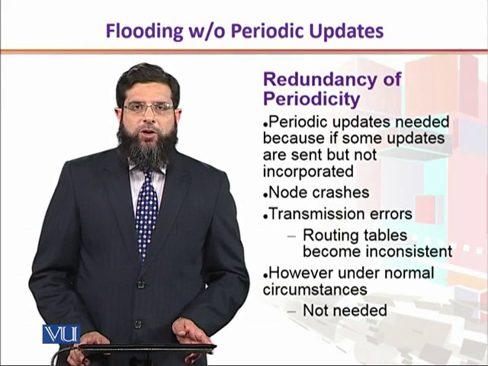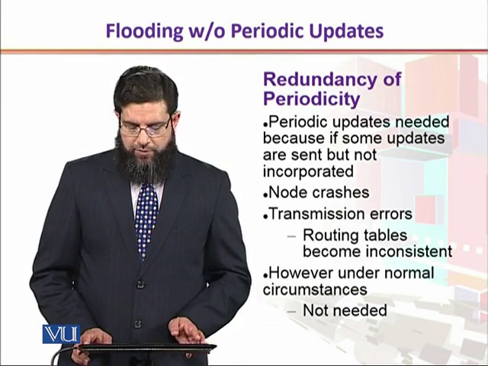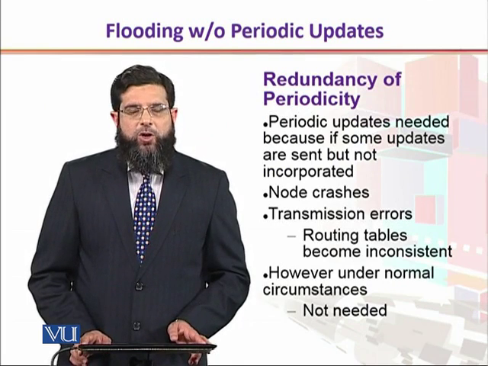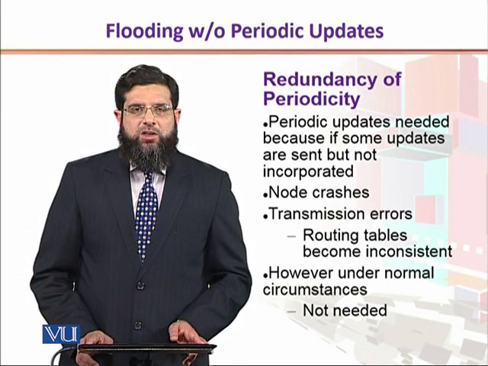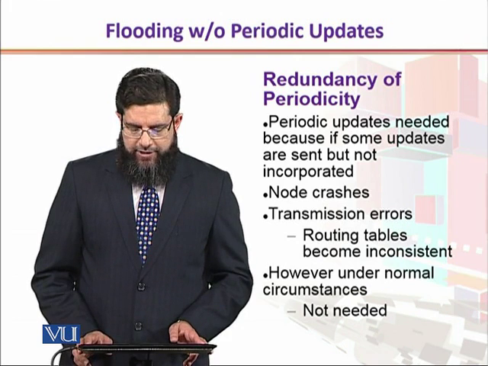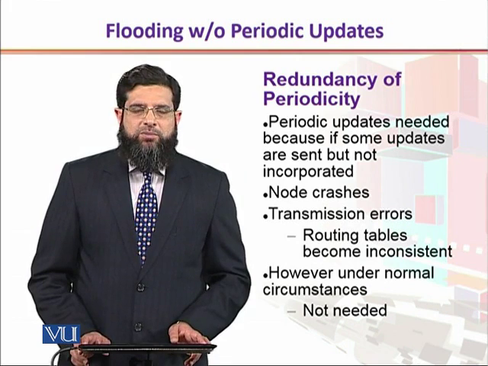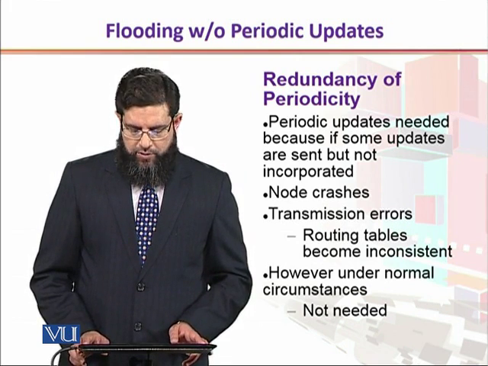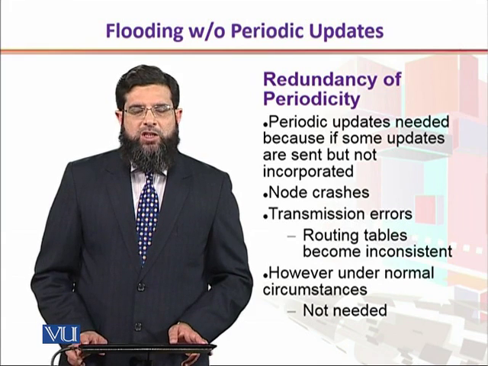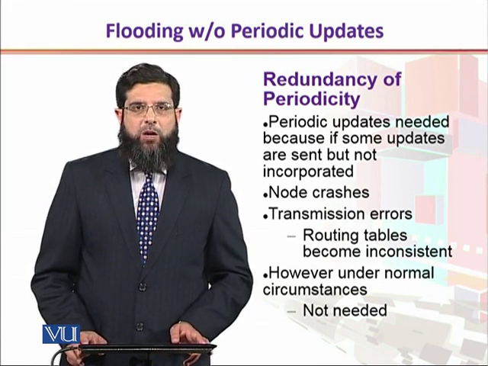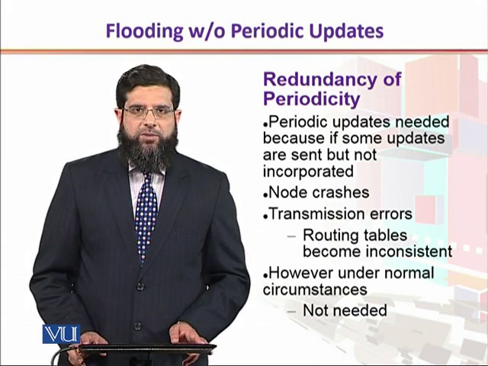The redundancy of periodicity has to be understood first by understanding why periodic updates are used. Periodic updates are needed because updates are sent whenever there is a link change, but because of node crashes or transmission errors, these updates are not incorporated.